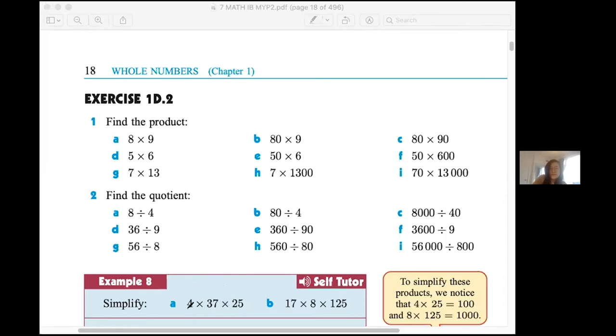So you can do 4 times 25 first, which is 100, times 37, which gives us 3,700.